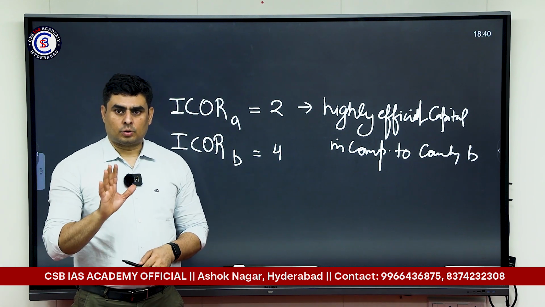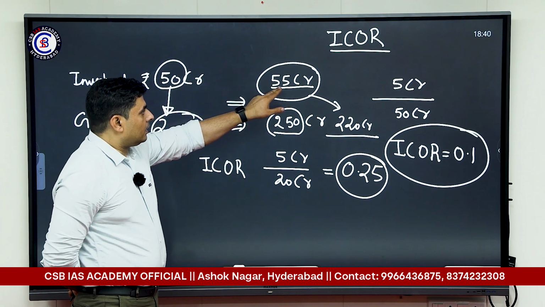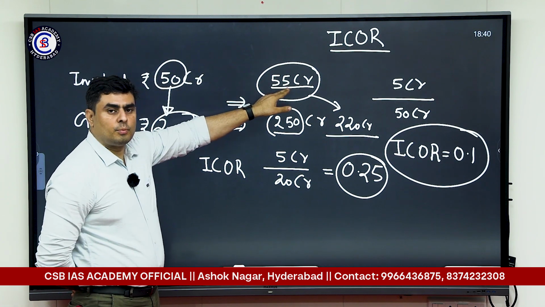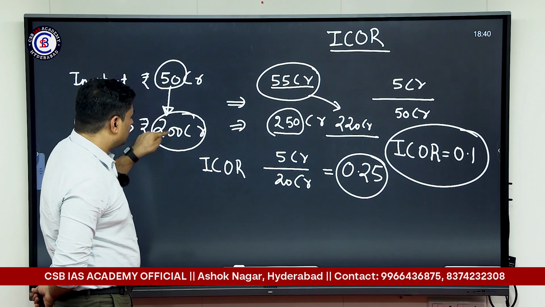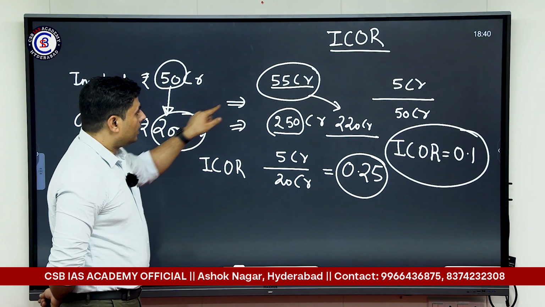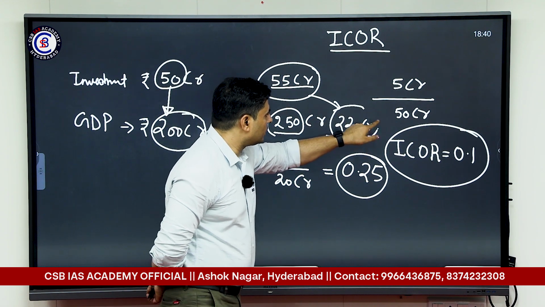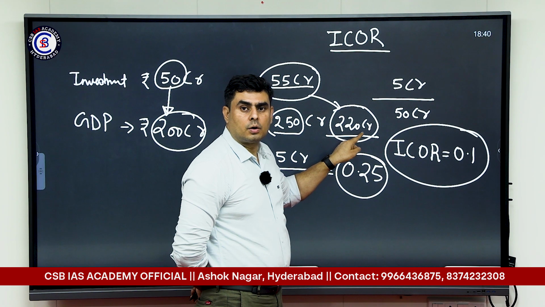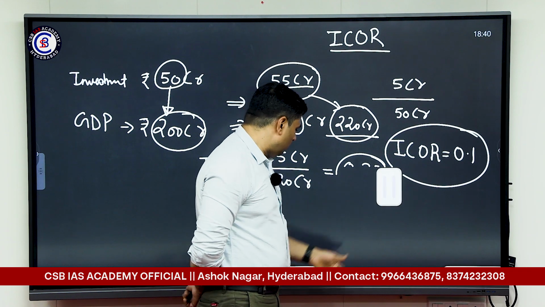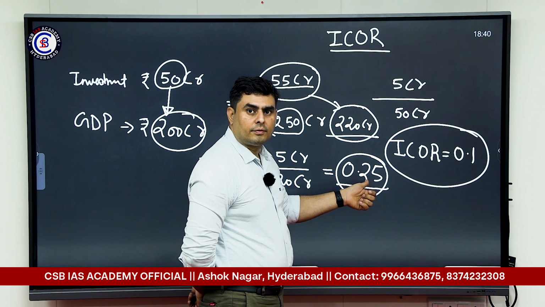Okay. Understood? One more thing to understand here. In this country, 50 crore was the initial investment. When investment increased to 55 crore, we got a GDP of 220 crore, compared with 200 crore at 50 crore investment. Now, our ICOR value reached 0.25.